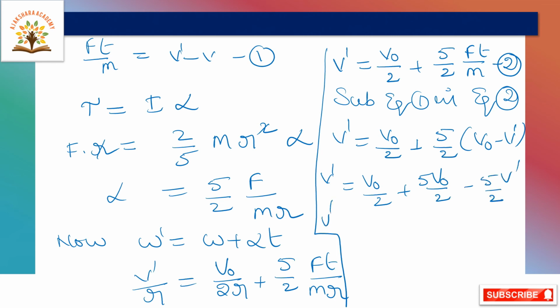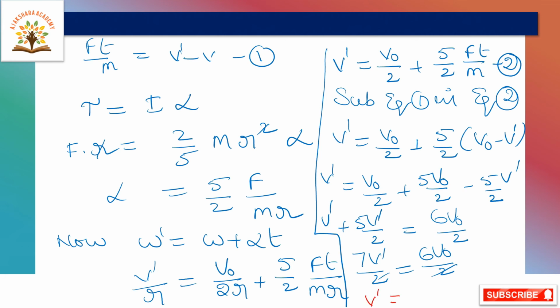So V dash plus 5 V dash by 2 is equal to V naught by 2 plus 5 V naught by 2, 6 V naught by 2. Now taking LCM, 2 V dash plus 5 V dash, 7 V dash by 2 is equal to 6 V naught by 2. 2 gets canceled. So V dash is equal to 6 by 7 V naught. This is the final answer.